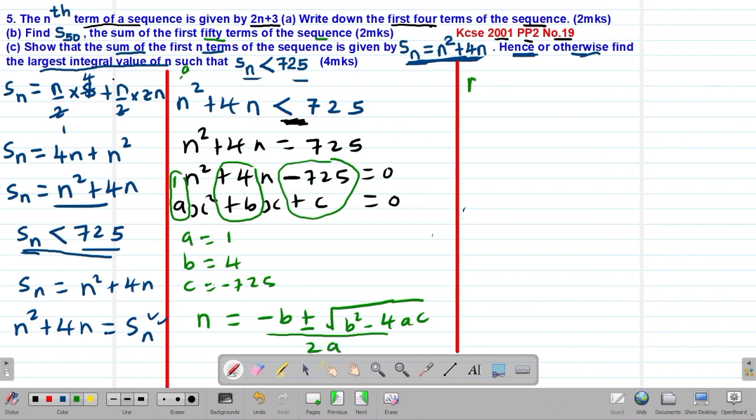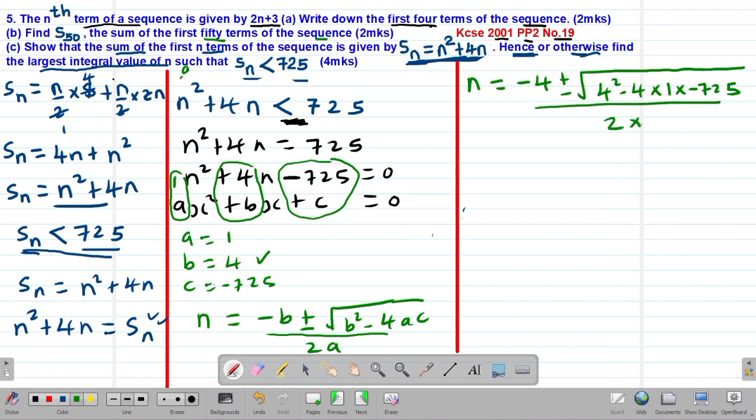Therefore, my value of n will be given by negative 4 plus or minus the square root of 4 squared minus 4 multiplied by a, which is 1, times c, which is negative 725. Then the whole thing is divided by 2a, where the value of a is 1.